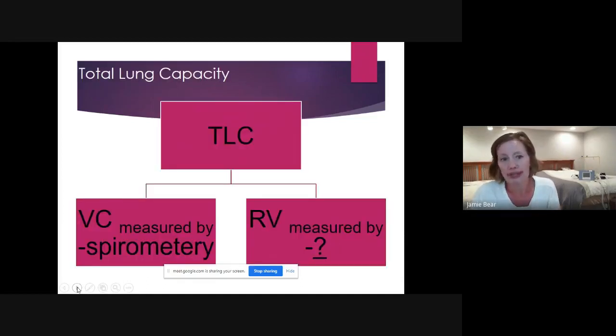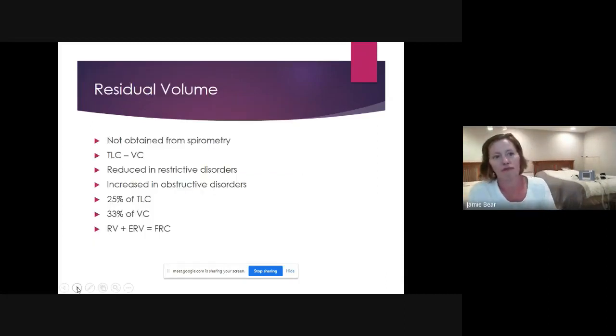So once again, your total lung capacity, we're looking at your vital capacity, which, along with all of those volumes, is measured via spirometry. And then your residual volume, you cannot measure via spirometry, but you can measure via body box, helium dilution, or nitrogen washout methods.